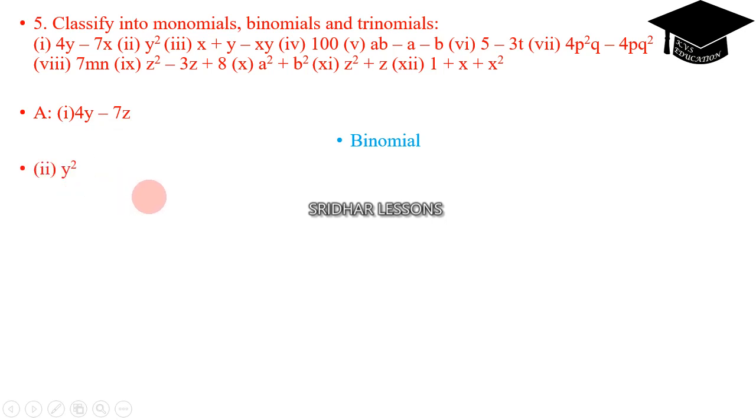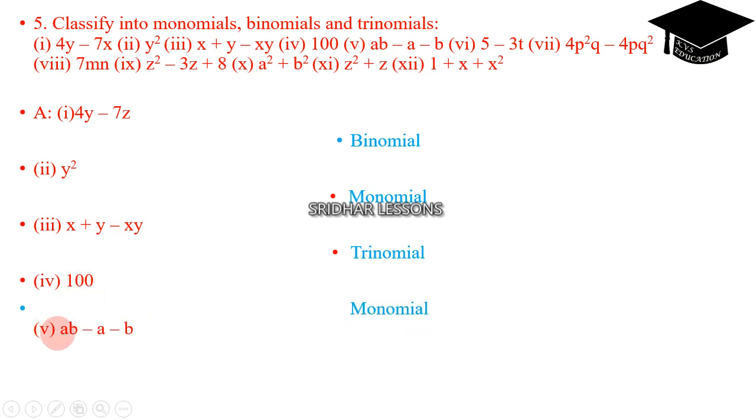Y square, it is a monomial. X plus y minus xy, this is a trinomial because we have three terms. And fourth one, 100, it is a monomial. Fifth one, AB minus A minus B, this is a trinomial.